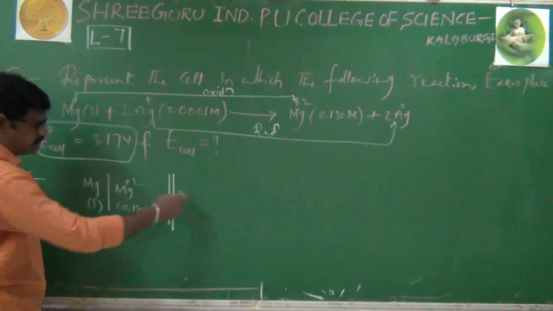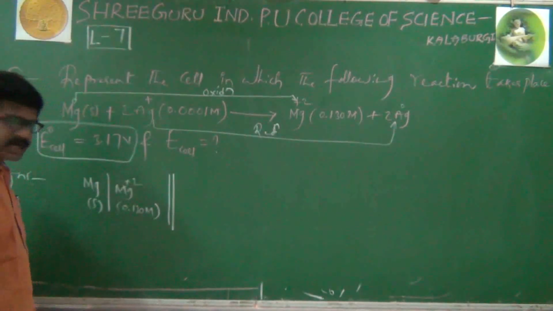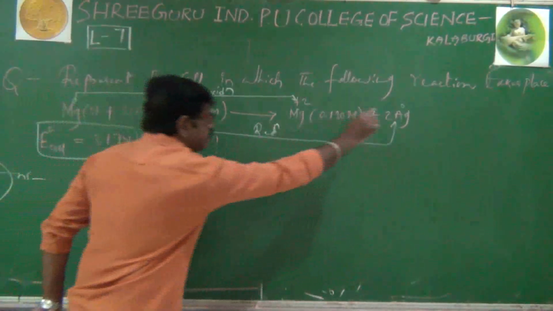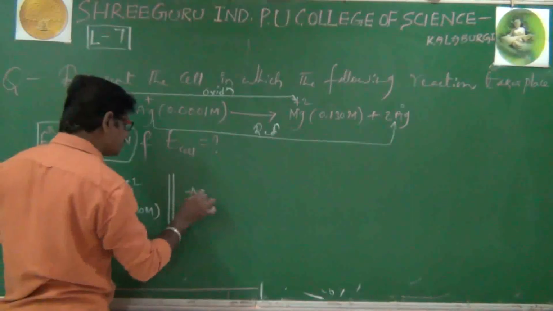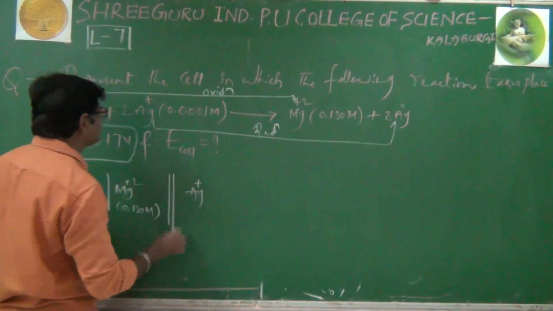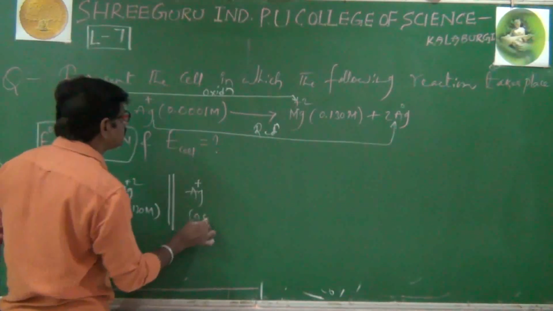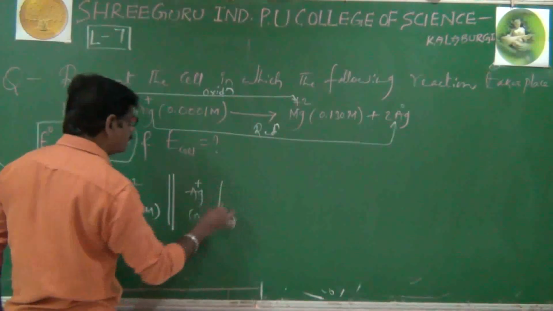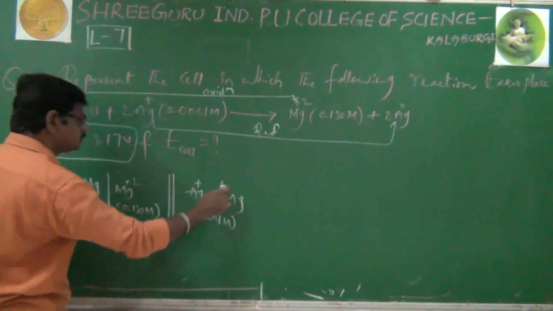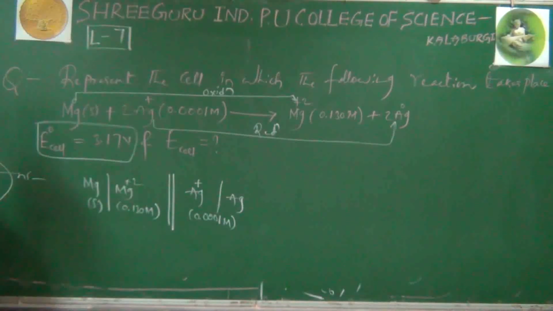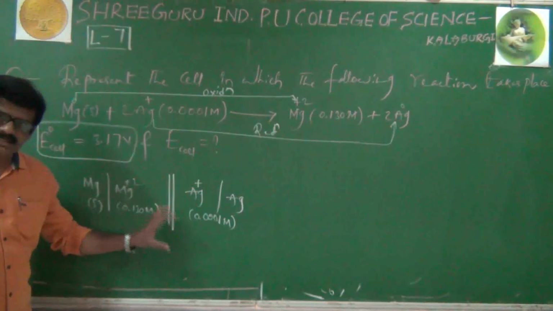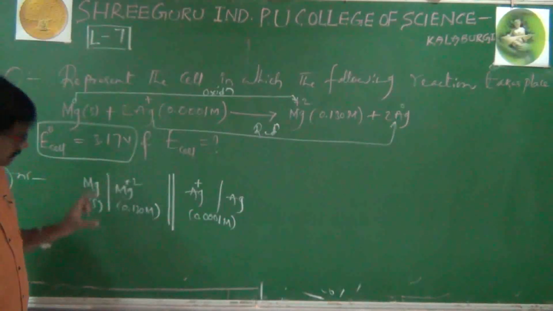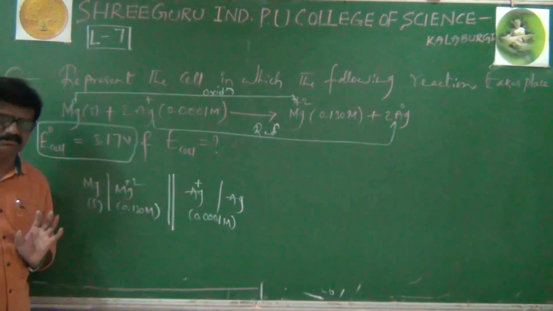Now salt bridge, and on the right side we have to write the cathodic symbol. Cathodic symbol means first we write the metal ion followed by the metal. Ag plus whose concentration is 0.0001 capital M oblique Ag. Here 2 is not necessary. Then this is the symbolic representation of the given reaction, nothing but the cell notation, cell symbol.